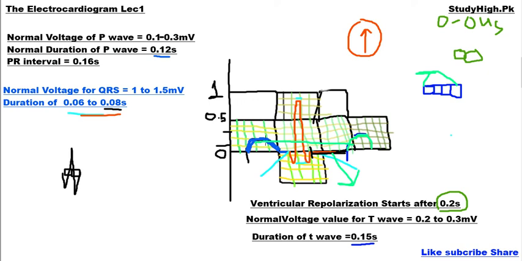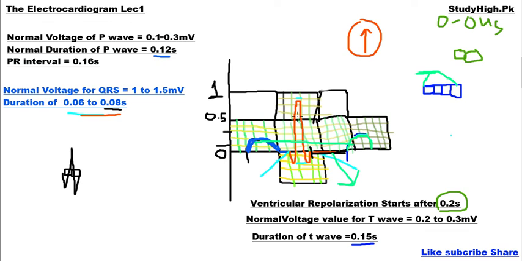If the voltage of the QRS complex is larger than normal, then you can interpret that there may be a large number of calcium or some other ions. As a result, there may be a large sympathetic stimulus, and the ventricles are contracting fast or with a large force.